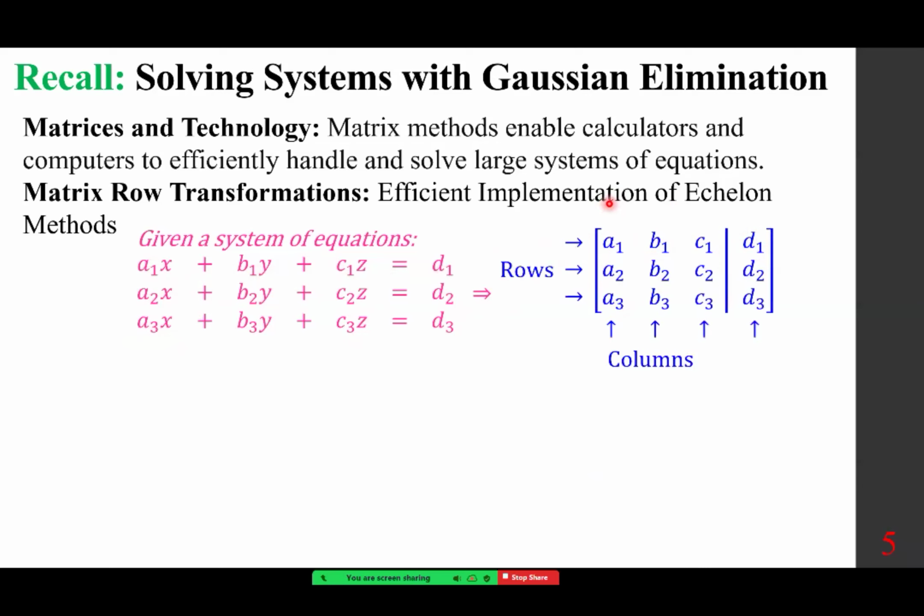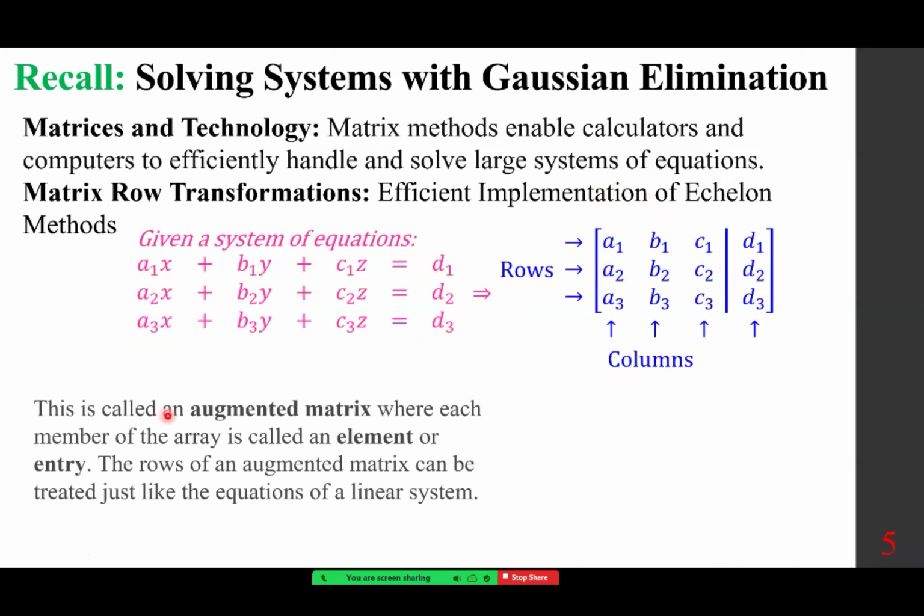They correspond to x, y, z, and this is the constant. This is called an augmented matrix, where each member of the array is called an element or entry. The rows of an augmented matrix can be treated just like the equations of a linear system. So in essence, this is equivalent to this one.